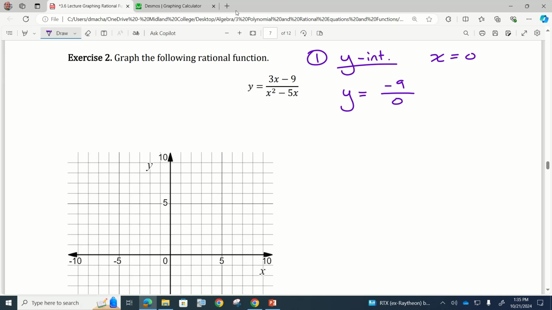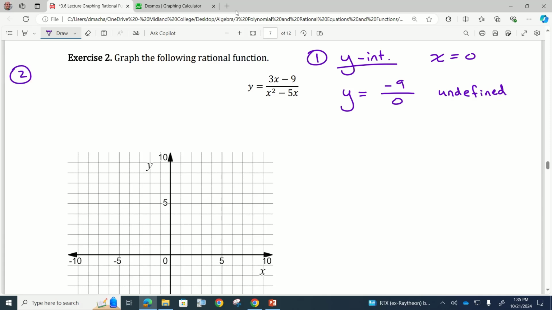Undefined. It's undefined. Perfect. That means I do not have a y-intercept this time. There's not a place where this curve is actually going to pass through the y-axis.